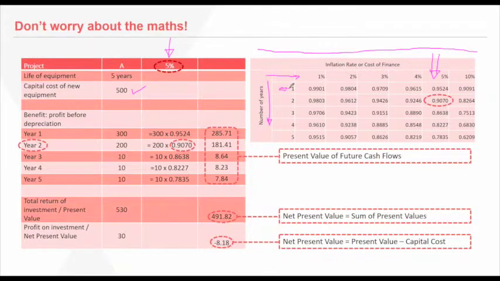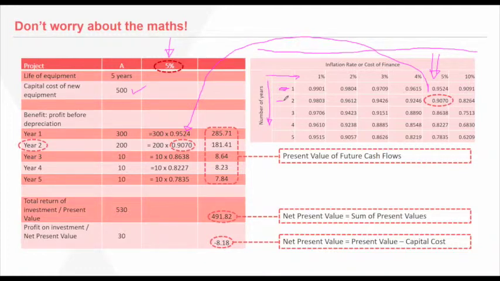We pick our year one row and we find the intersection between our year and our rate, which for year one gives us a discount factor of 0.9524. And what we do is we take that discount factor and we multiply our cash flow by the discount factor. And what that tells us is that £300 1 year away is actually equivalent to £285.71 today.